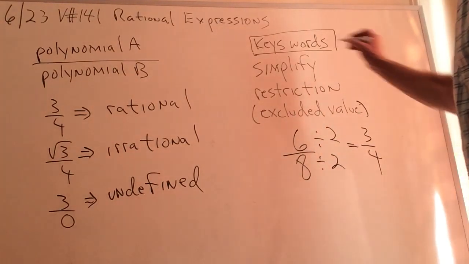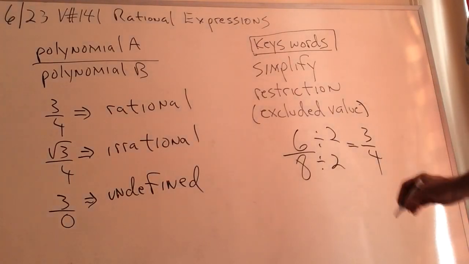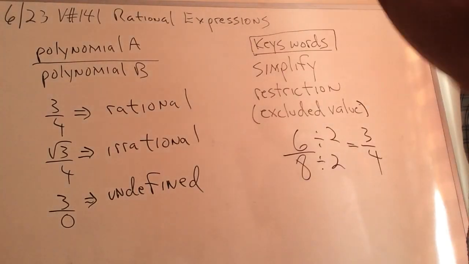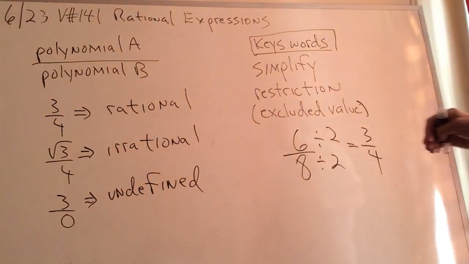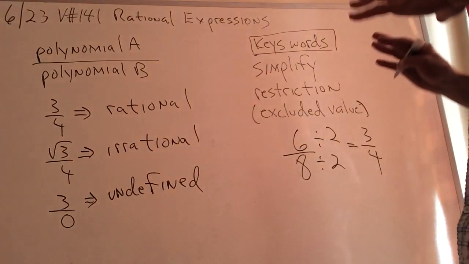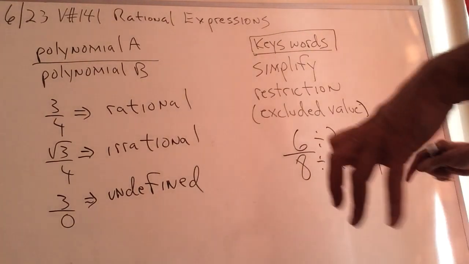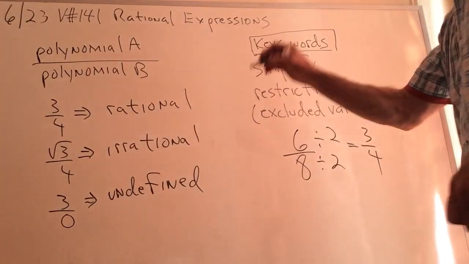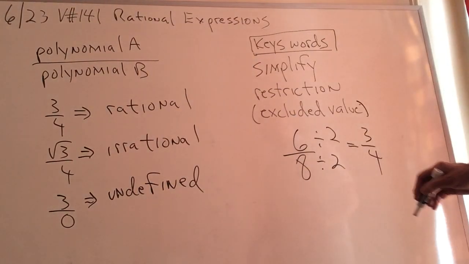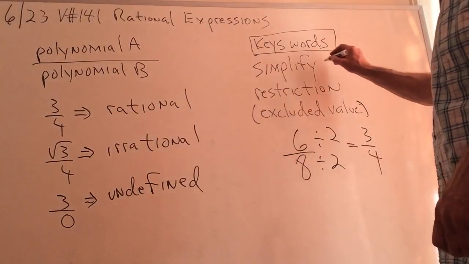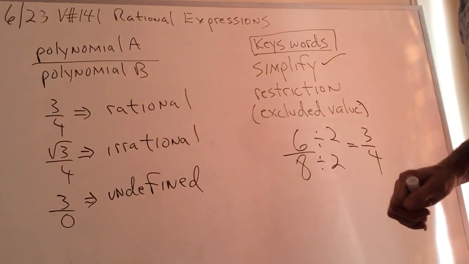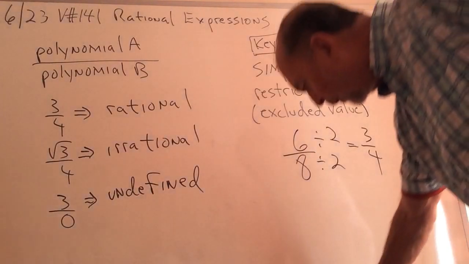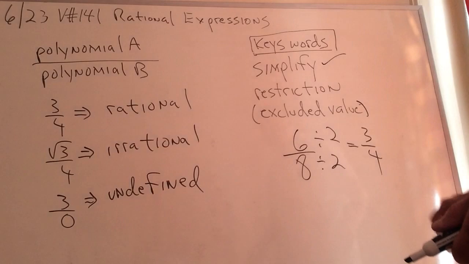So that's called simplifying or reducing. I often use that word. But like I said before, we consider polynomials just like numbers. We treat them as such. It's a new level of math. So here I reduced a fraction and turned it into 3 over 4. It's rational, and now it's simplified. Okay? And I'll give you some examples in a second.